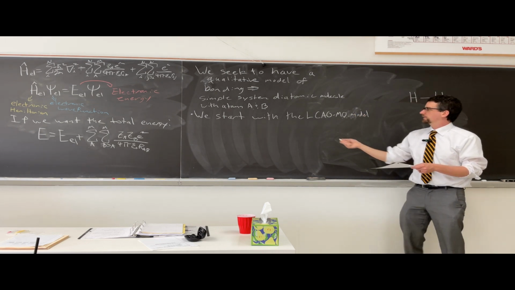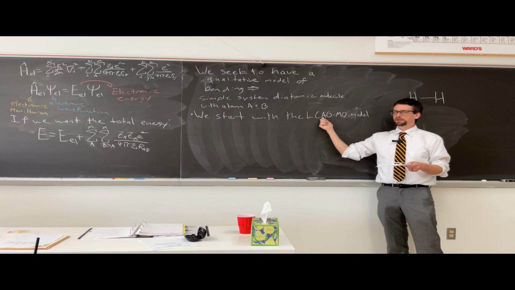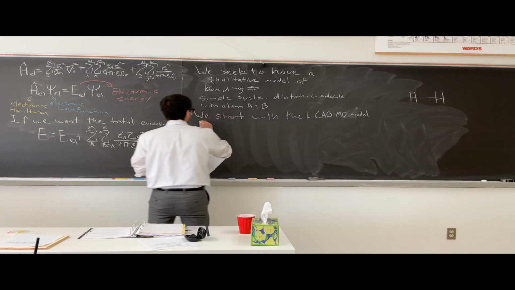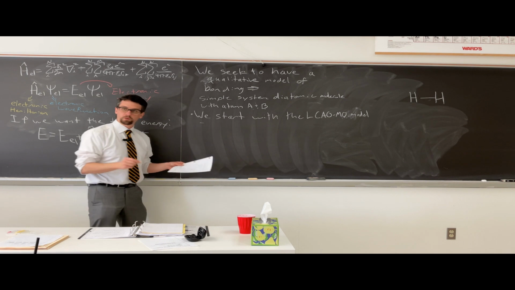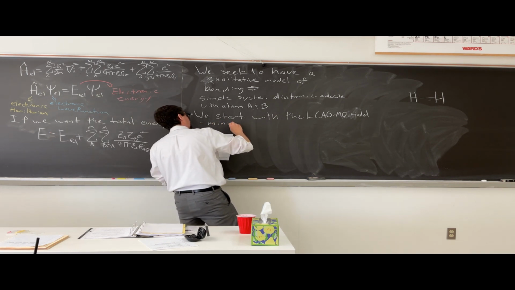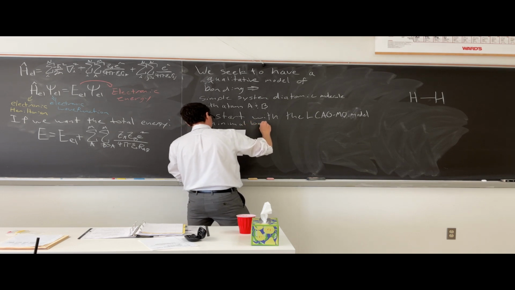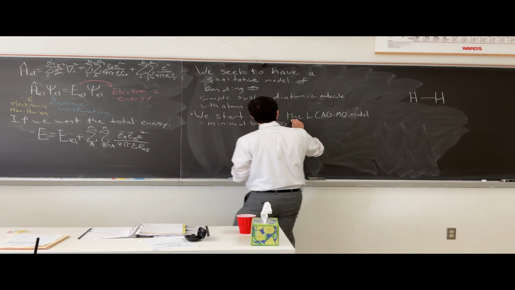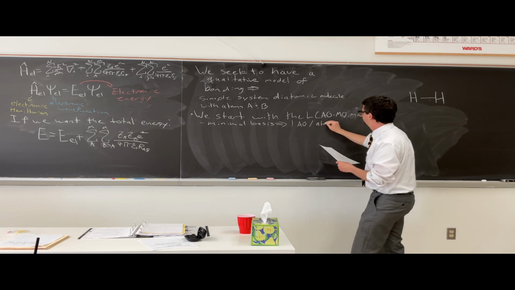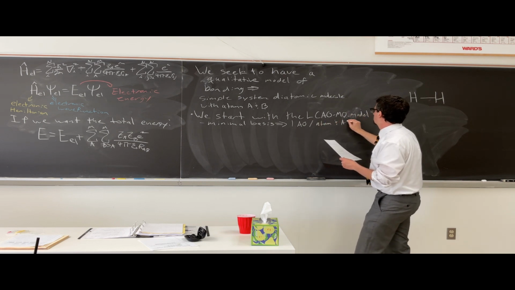Have you guys ever talked about LCAO, or linear combination of atomic orbitals? No, that's okay. We'll explain what it means in a minute, but we're going to operate under a minimal basis, where we just have one AO per atom. And the AOs are normalized.